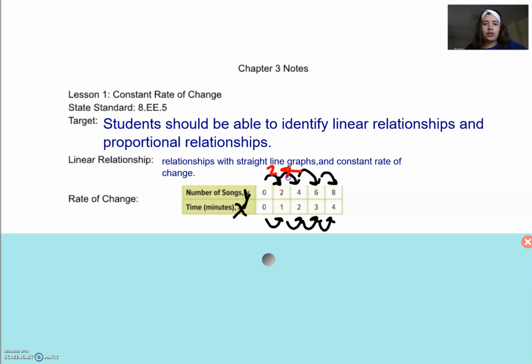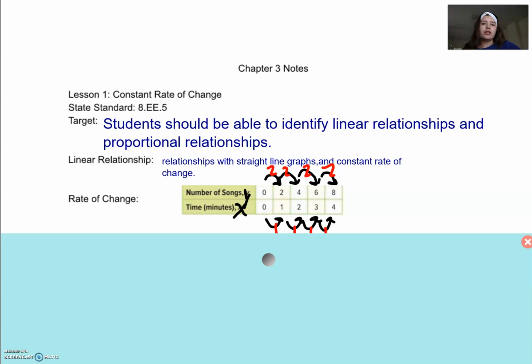From 2 to 4, that is also 2. And then 4 to 6 is 2, and 6 to 8 is 2. Okay, now to get from 0 to 1, that's 1. 1 to 2, that's also 1. 2 to 3, that's also 1. And 3 to 4 is also 1.